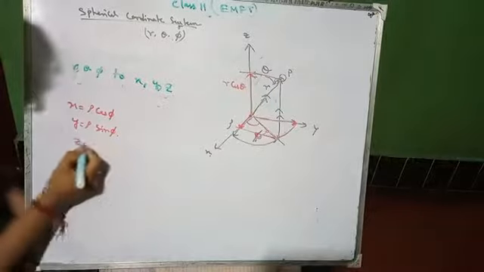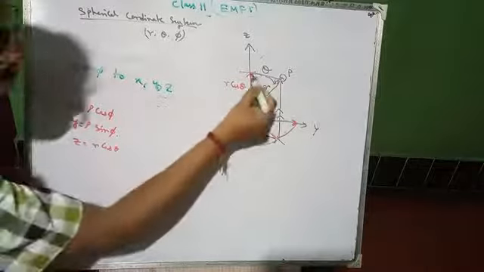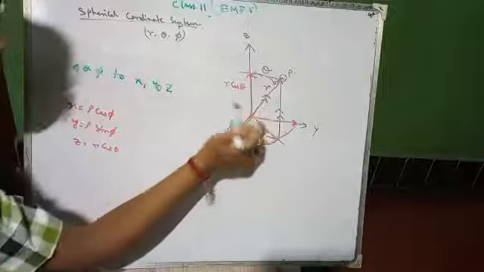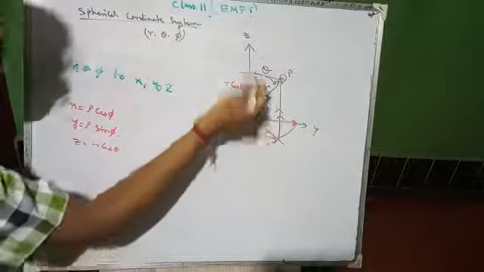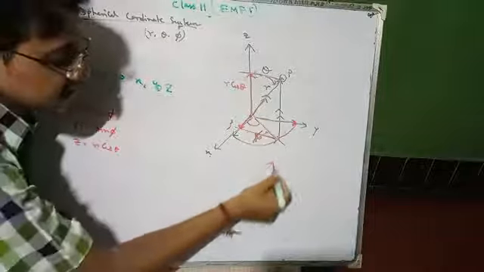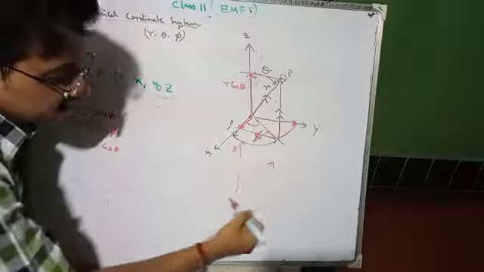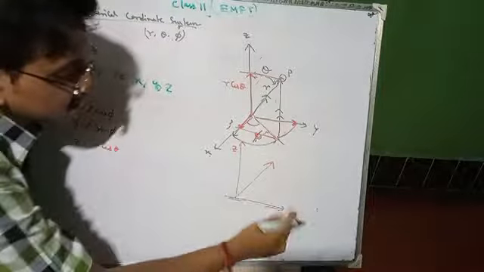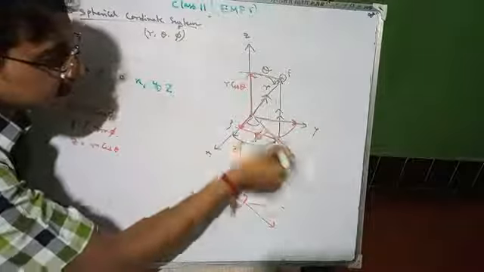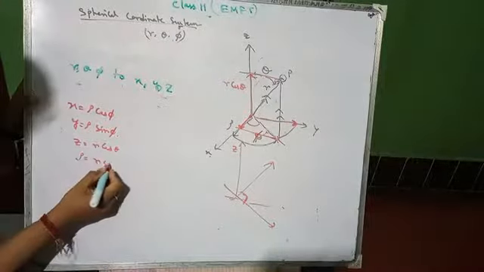So z equals r cos theta. And this vector has two components, one along z and another along rho. Since it is 90 degrees here, this is nothing but rho. So your rho equals r sin theta.